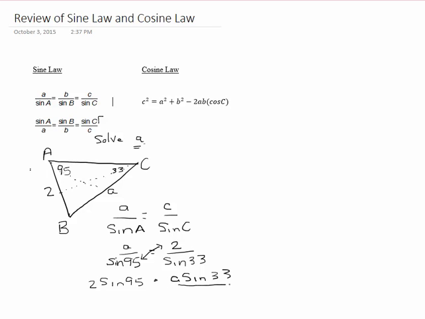To isolate for small a, I just divide by sine 33 so that these cancel out, and what I do to one side, I do to the other. Now all of this can be done in your calculator to find that side A has a length of 3.66 units. Be sure to take the time and pause the video and use your calculator to ensure that you're getting the exact same number.